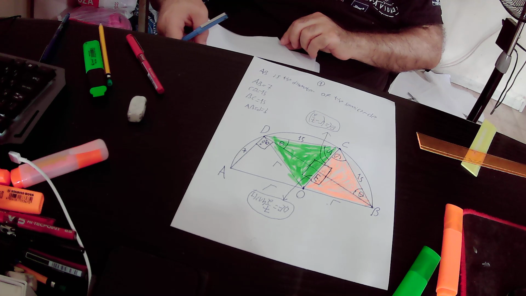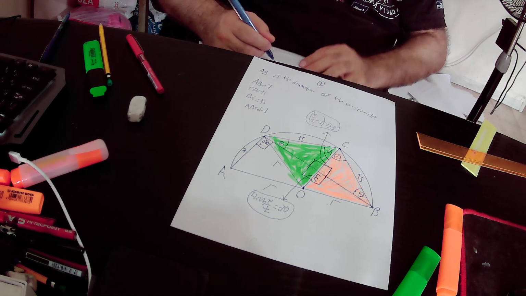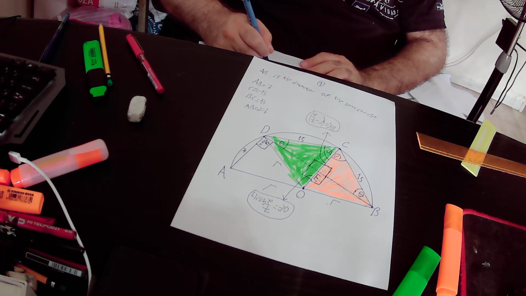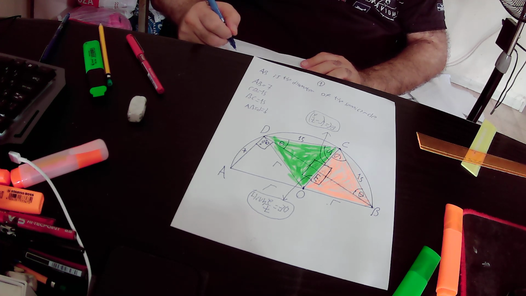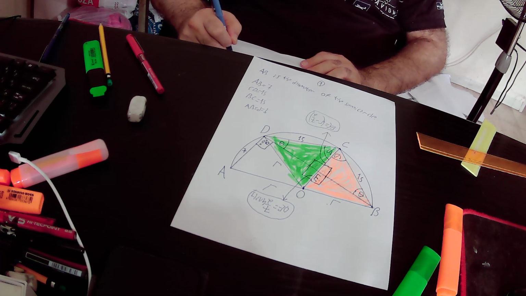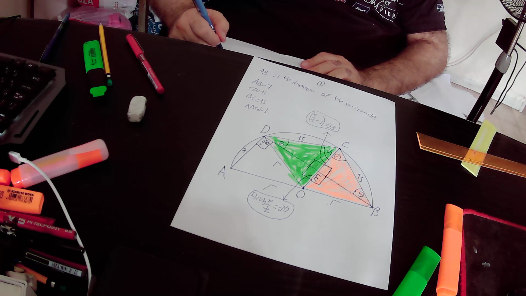We will get that R square minus 49 over 4 equals 225 minus R square plus 7 over 2 R square, which is 49 over 4, minus 2 times R times 7 over 2.